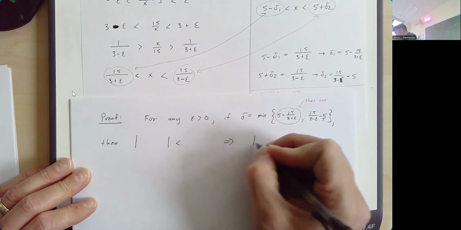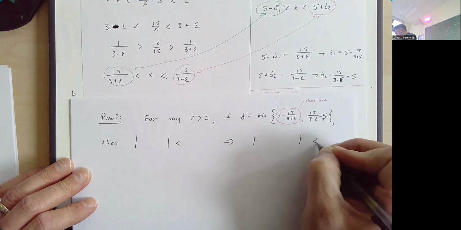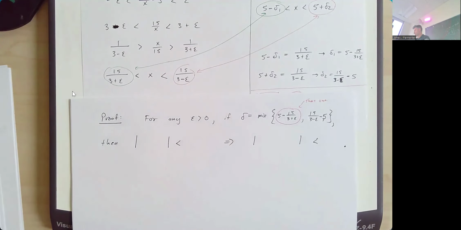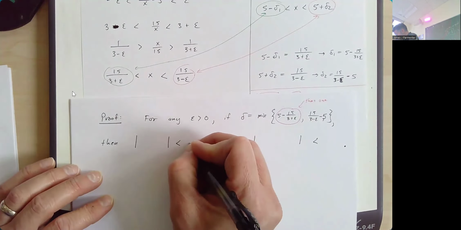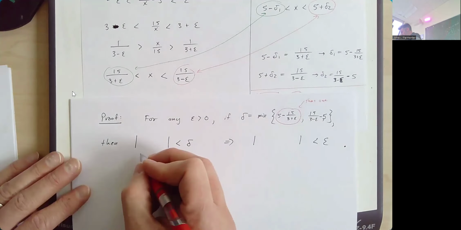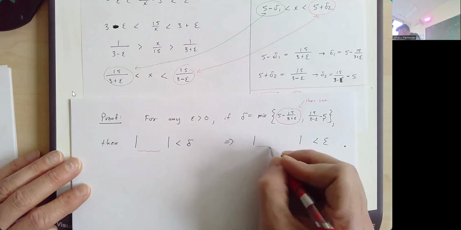Implies the absolute value of something minus something is less than something. I'll even give you the delta and the epsilon. You need to figure out what goes here, what goes in there.